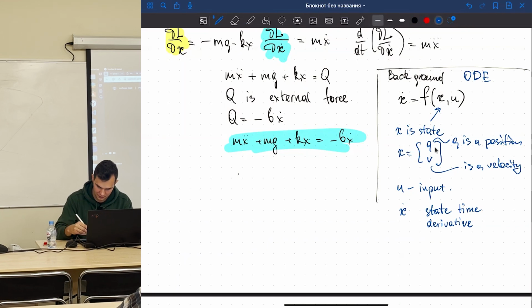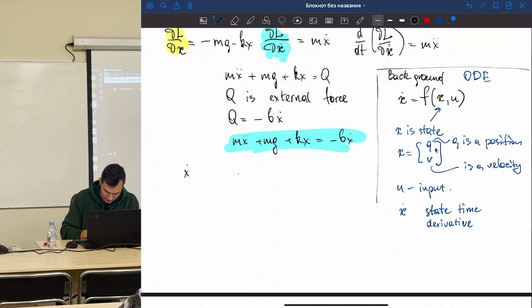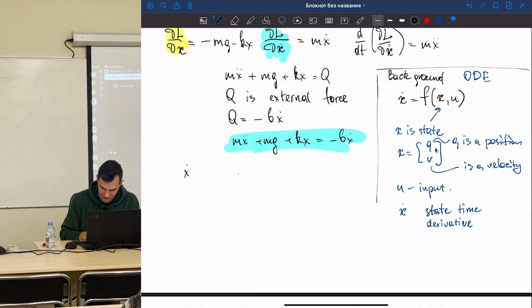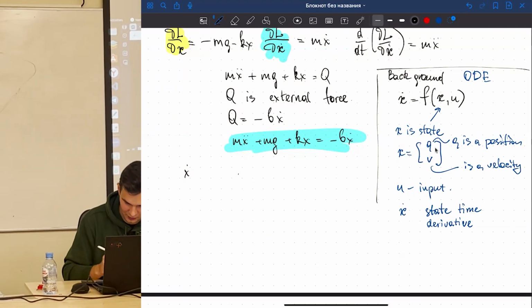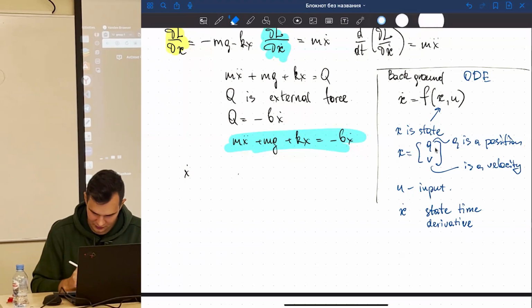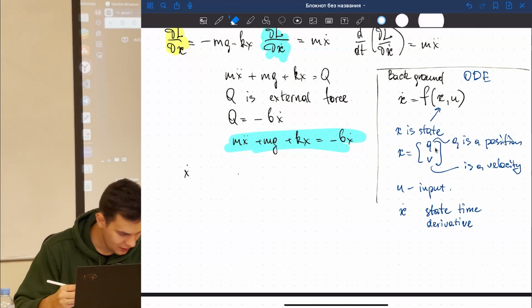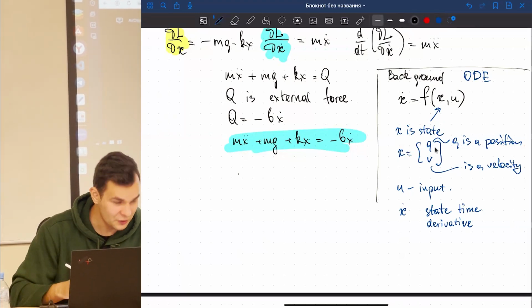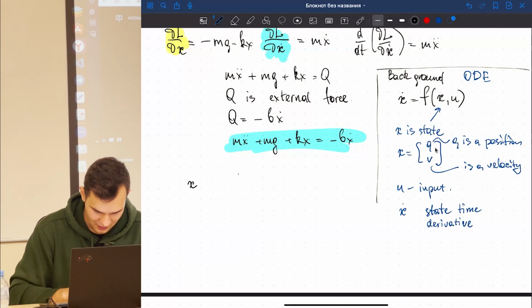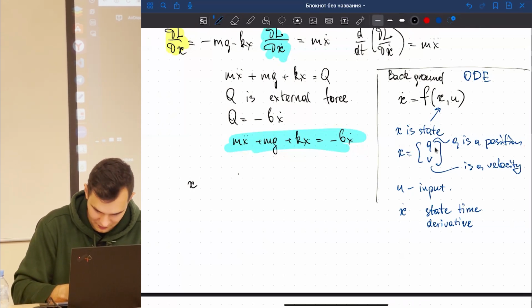Let's try to do this. I'm going to use different x's. This is the state, and this is the position.